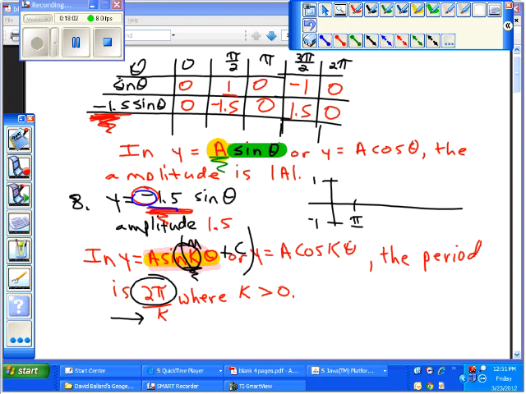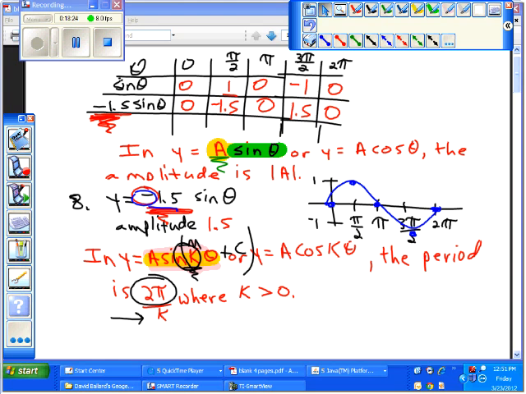And at pi over 2, and pi, and 3 pi over 2, and 2 pi, we would have started at 0, gone up to 1, came back down to 0, gone to negative 1, and then gone back up to 0, and we would have had that.